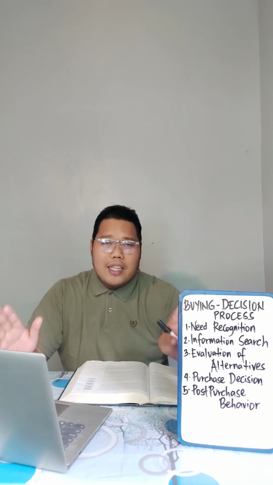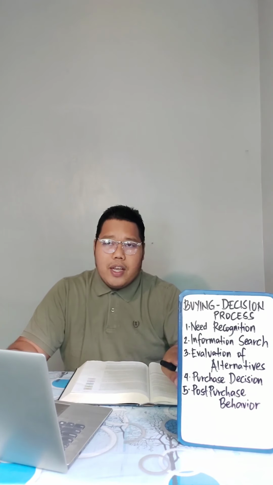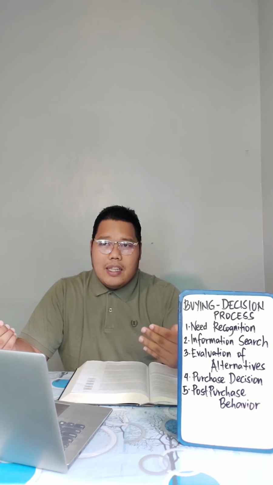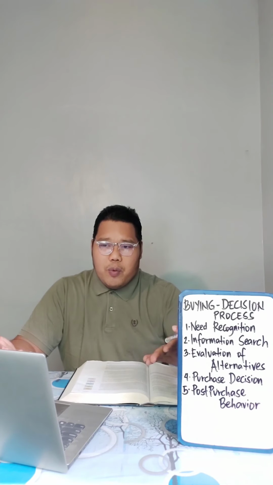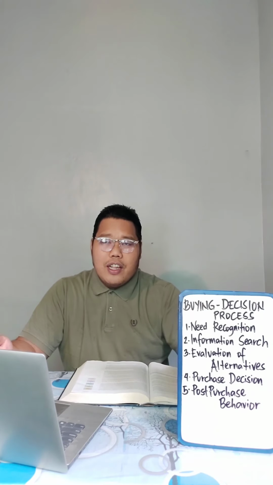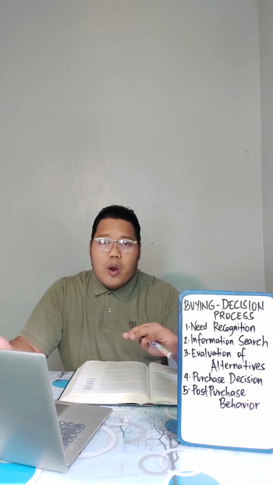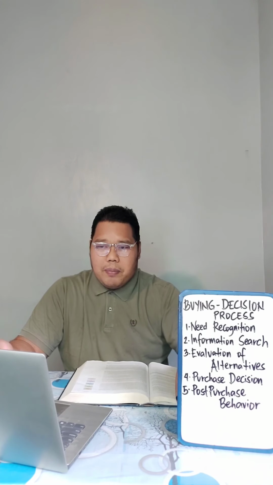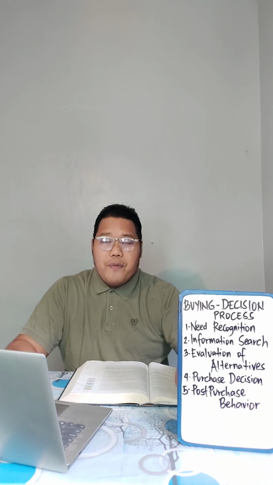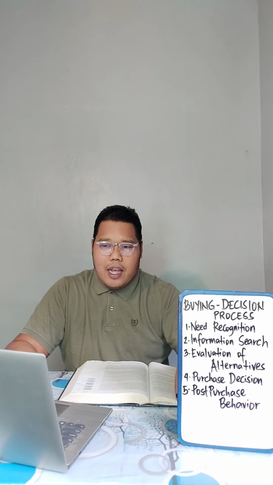If you buy that product frequently, for example that brand of milk tea, then you only need internal search to repurchase that product. It's all about your memory or recollection of your experience of that product.